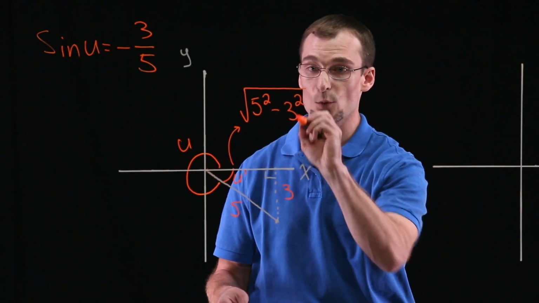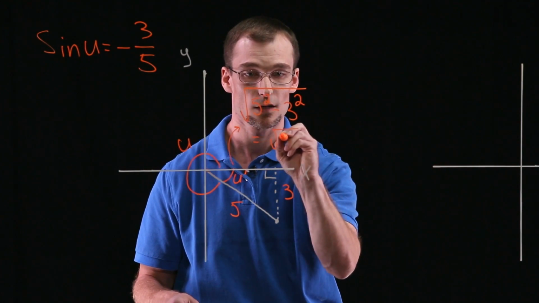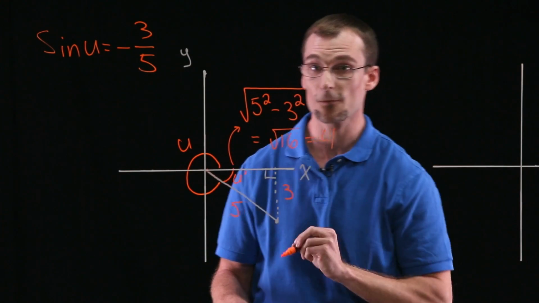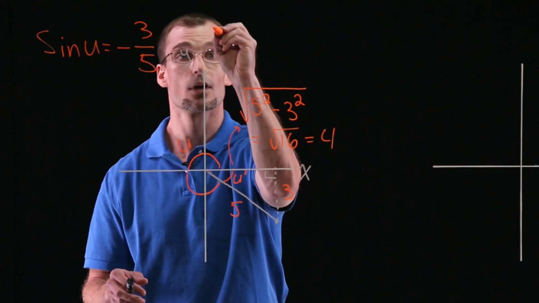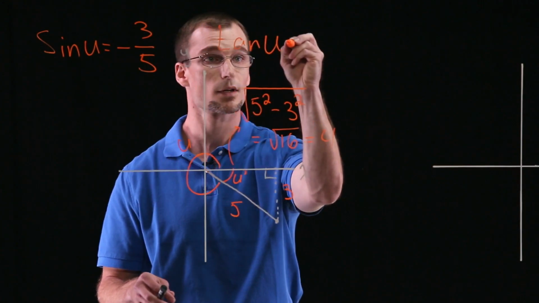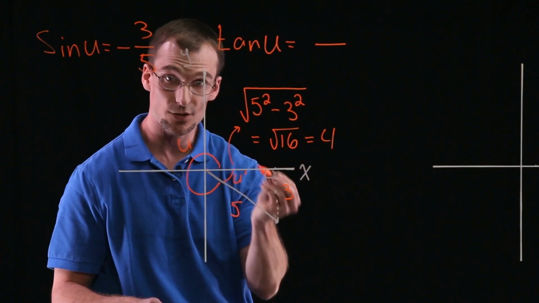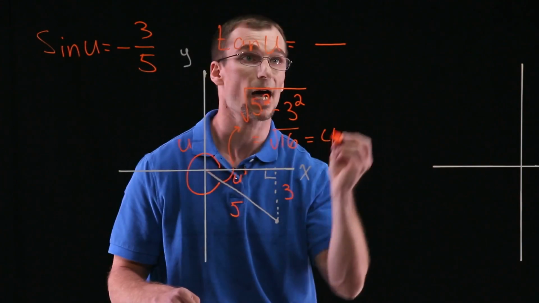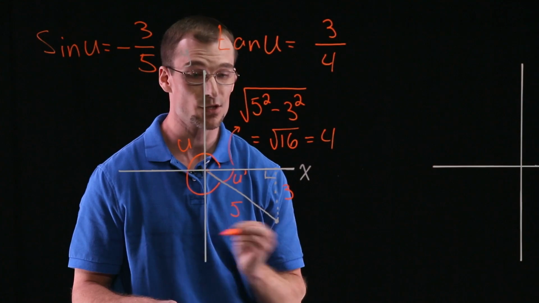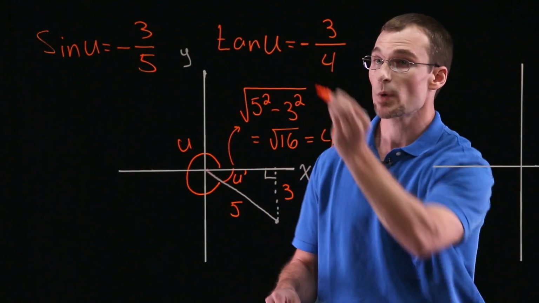So the square root of 5 squared minus 3 squared, or 25 minus 9, is the square root of positive 16, or 4. So the tangent of u, the angle u on the outside, is equal to the tangent of u prime, right, which is opposite over adjacent. But we know that tangent is negative in the fourth quadrant, so we have a negative there. So we have tangent of u.